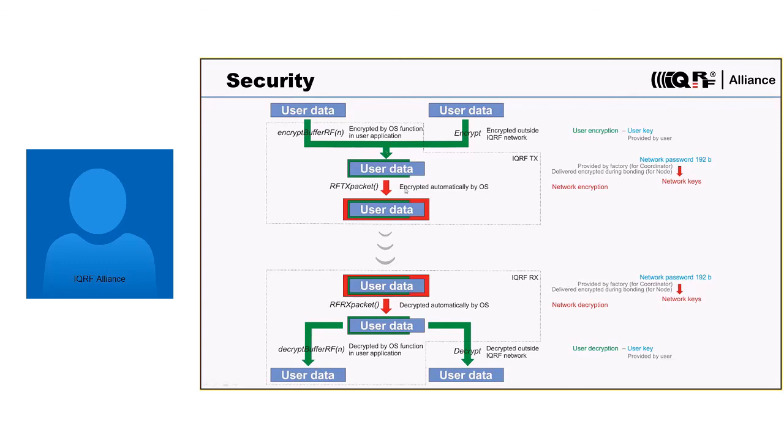Here they are encrypted by the operating system, like completely encrypted for the networking communication. They are sent encrypted to the module. The module decrypts the networking communication, and then you can do the decryption of your RF buffer in the module or outside, for example, on your device. So both is possible.